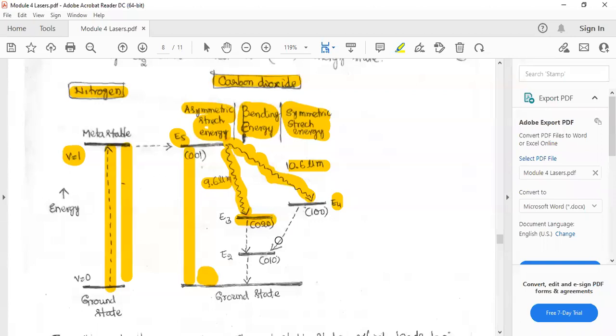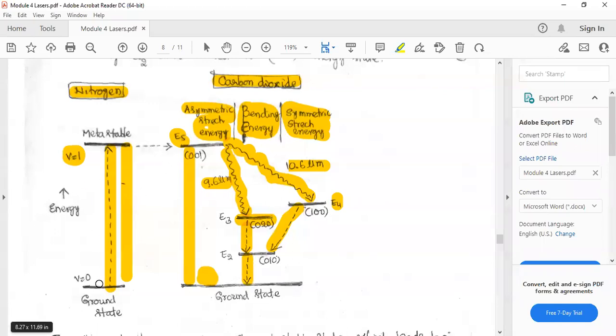After that, the molecules present in E3 and E4 will fall to the E2 level without emitting any photon, and from E2 they will come back to the ground state. This is a continuous process.